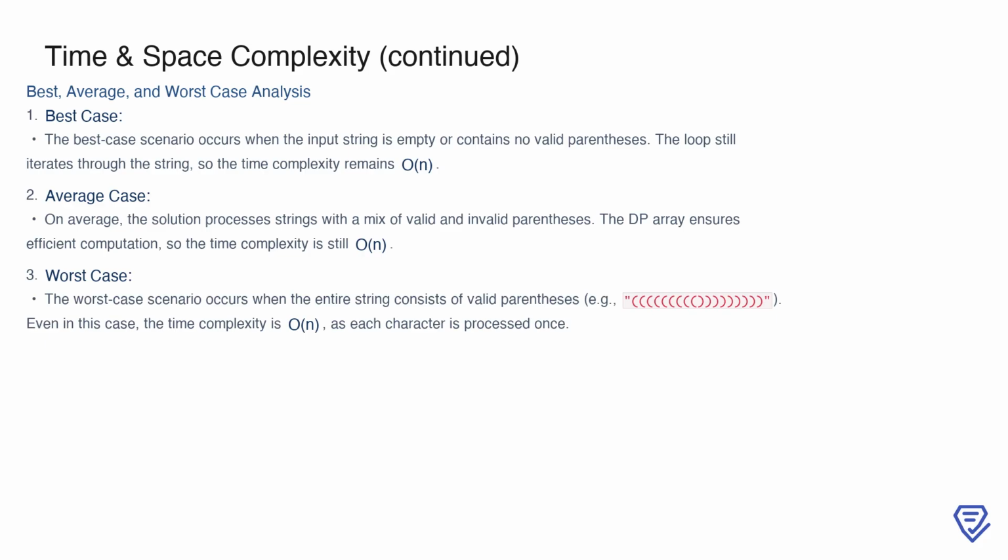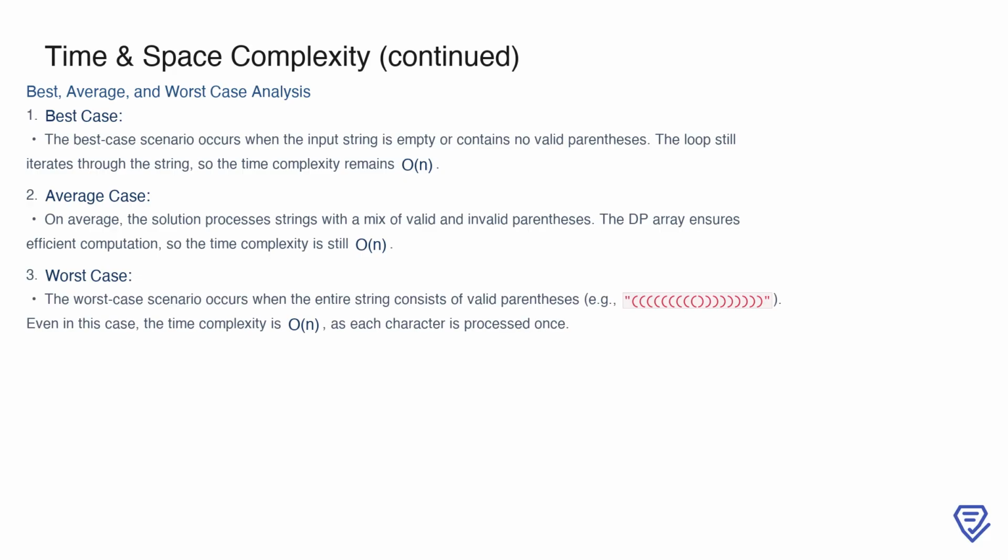In the best case, the input string is either empty or contains no valid parentheses. Even then, the loop still iterates through the string, making the time complexity O(n). In the average case, the string contains a mix of valid and invalid parentheses. Here, the DP array allows the solution to efficiently compute results without redundant calculations, maintaining the time complexity at O(n).